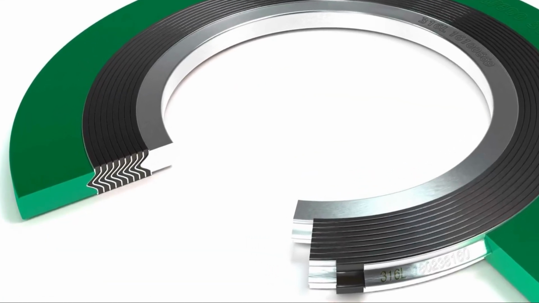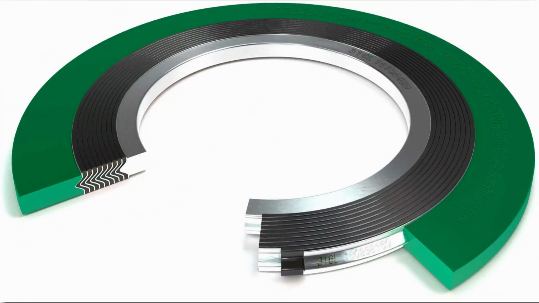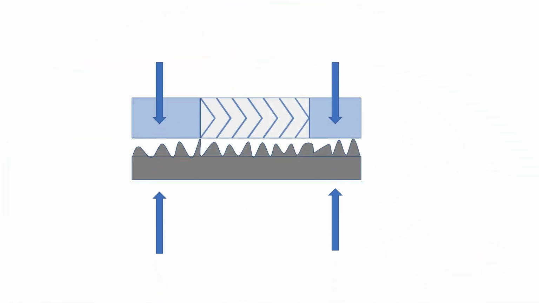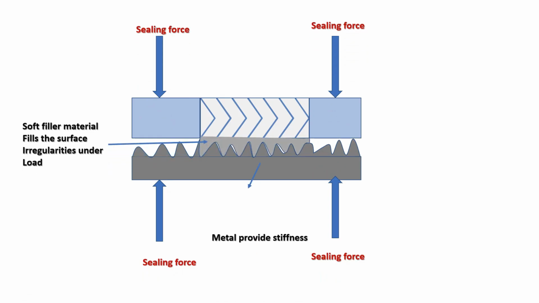With this design of gasket, the metallic strip resists the pressure forces, and because it is loaded onto the flange faces it will provide some sealing. The softer gasket material fills the surface irregularities of the flange face and creates a high integrity seal.